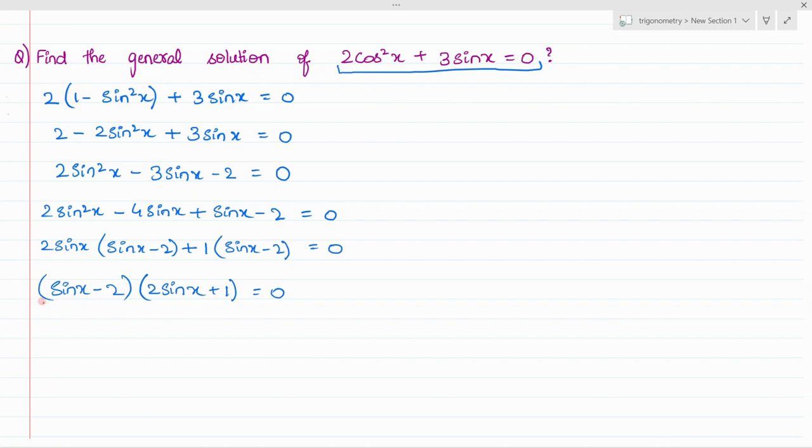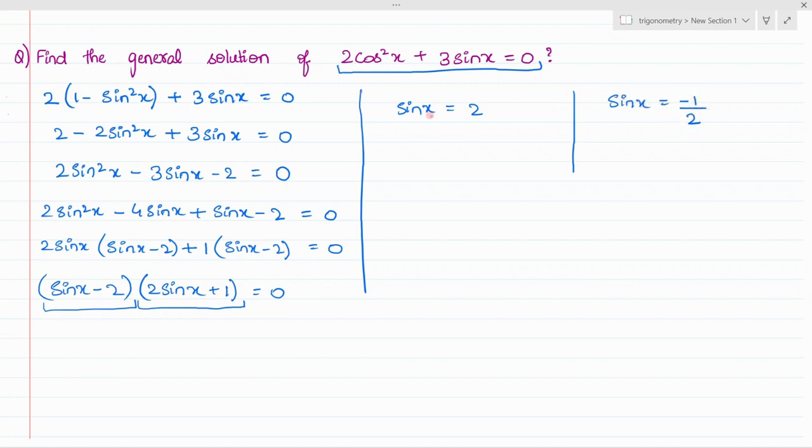Now, there's a chance that this value can be 0 or this value can be 0. So we can write it as sin x equal to 2 or sin x equal to minus 1 by 2. Is it possible that sin x can be 2? No, right?